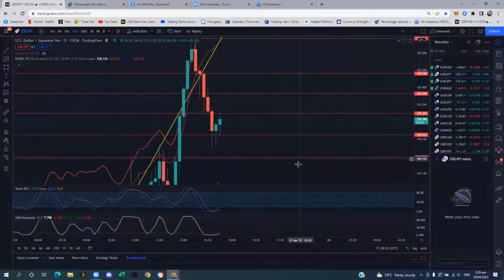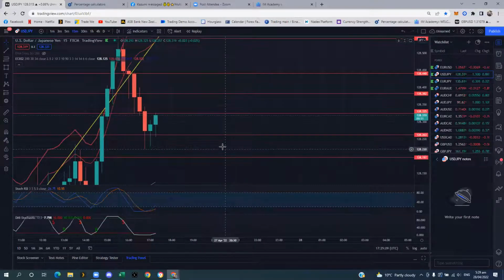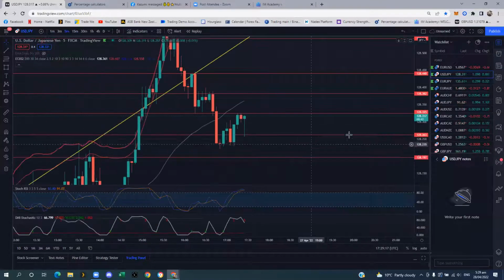Now I trade 3-minute trades on the 5-minute time frame. What I'm trying to do is follow a rule for entries for myself. So this is the 5-minute candle. Oh, sorry, we'll switch to the 5. I'm on the 15.